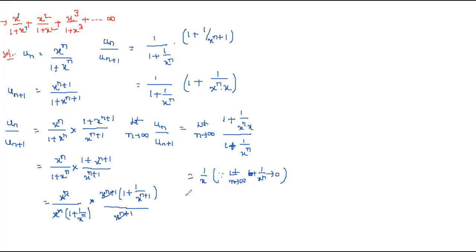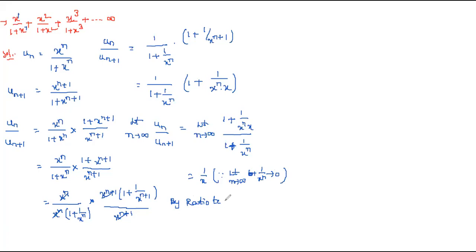This is nothing but limit n tends to infinity, un by un plus 1 is equal to 1 by x. And now simply we can write, this is by the ratio test.